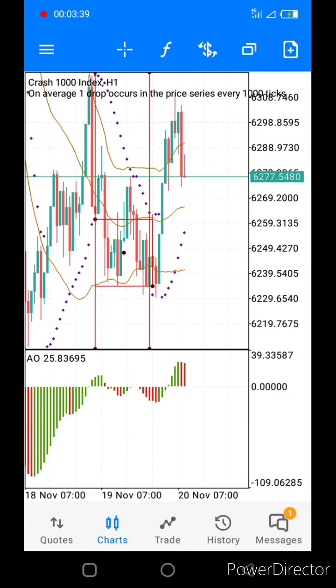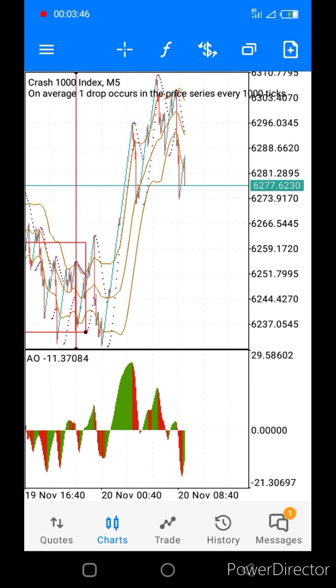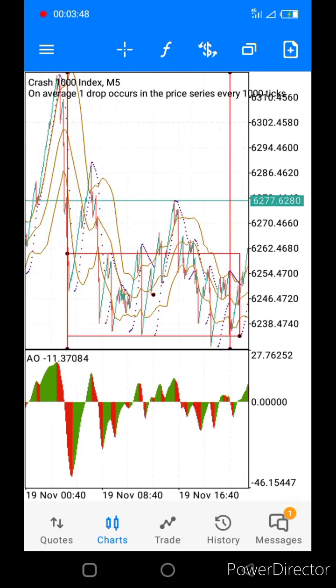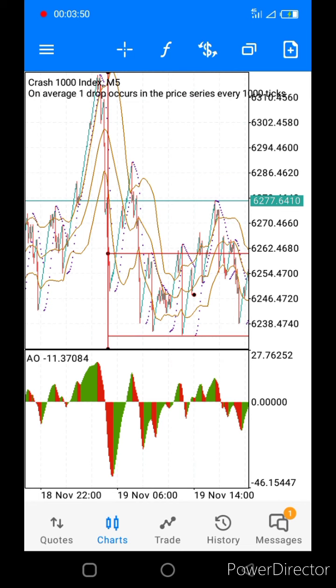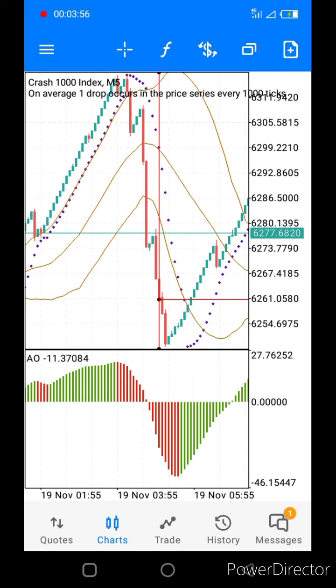So what are we going to do? We now move to the 5 minute time frame to take our entry. I explained in the previous video that once the market triggers on your higher time frame and you switch to your lower time frame, you do two things based on what you want.